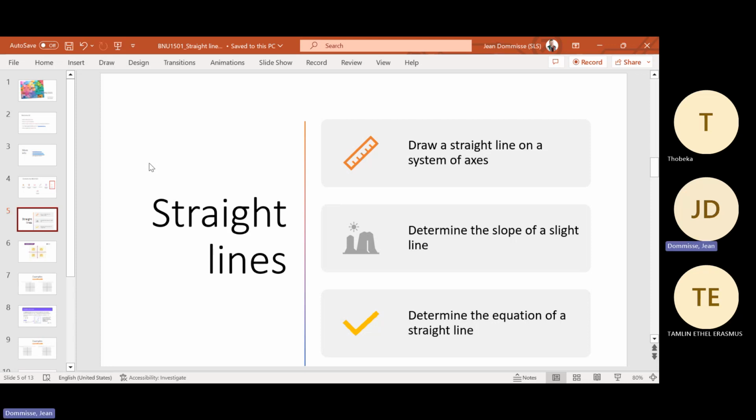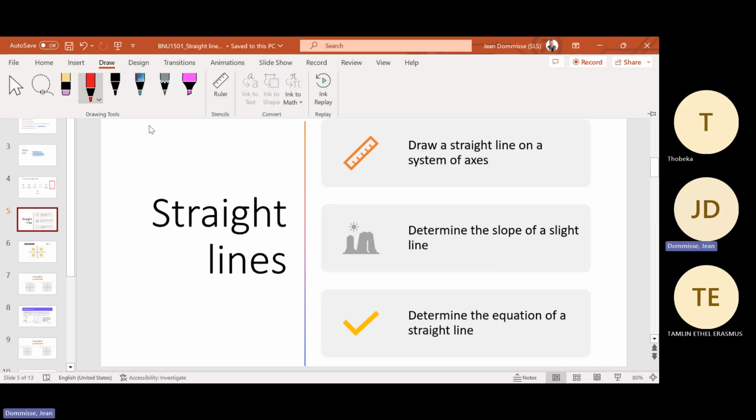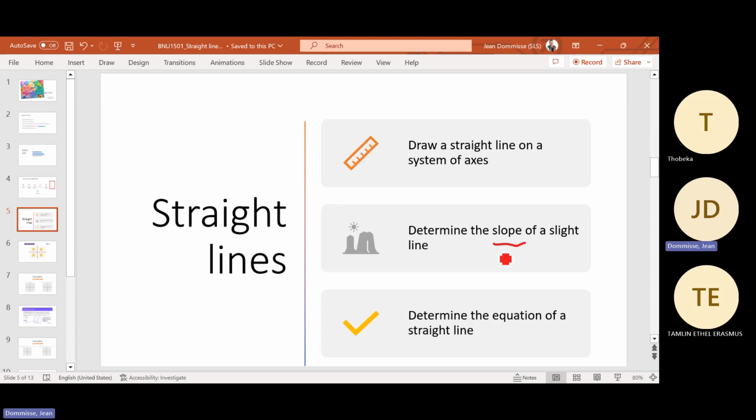Within that process, we will also look at how to determine the slope. It might be that we use a formula that we have for the slope.